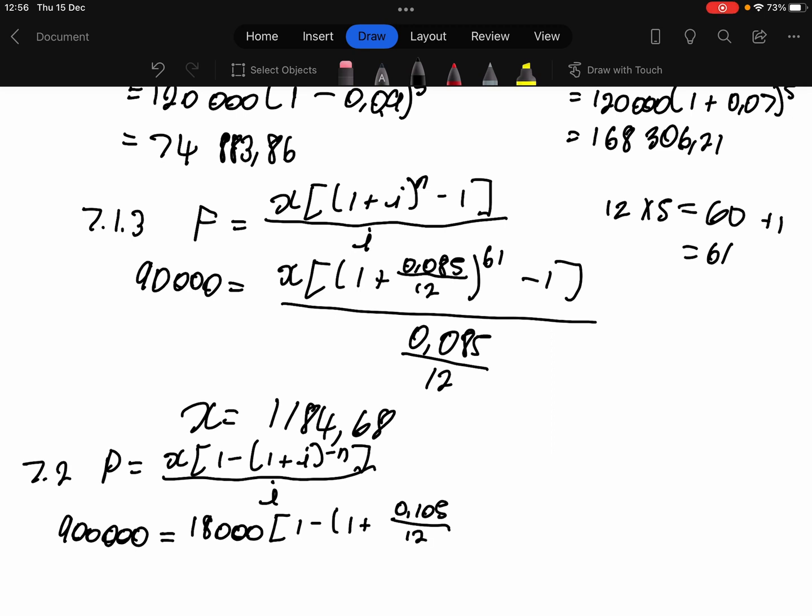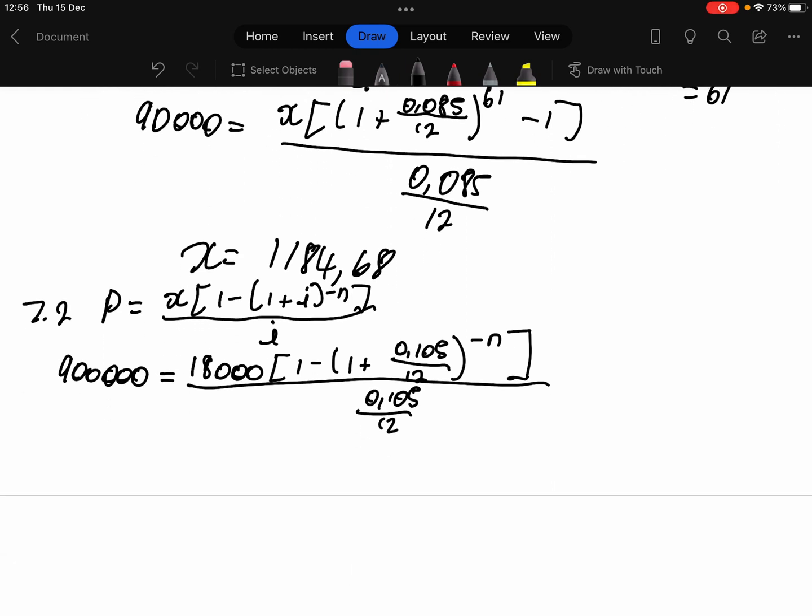Because it's compounded monthly, and to the power of negative n. n represents the number of compounds, and that's what we are looking for, all divided by 0.105 divided by 12. Solving for this will result in a logarithm, so you'll have a log equation, and using logs you'll be able to solve for n. I'm just going to write the final answer: n is equal to 66.04 months.